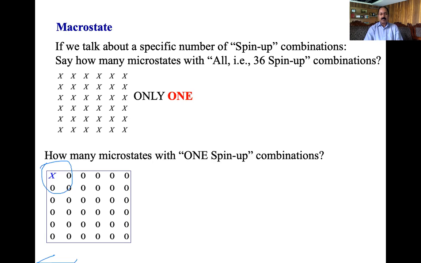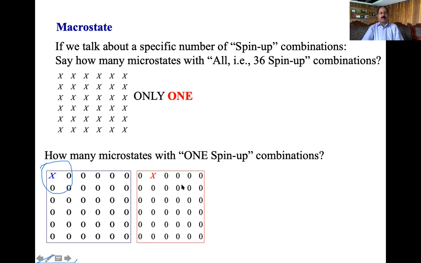Next combination, you can see how. So these are one. That means here you can see the second one. Similarly, the second one here with this combination, right? So this is another combination. Next, another one.